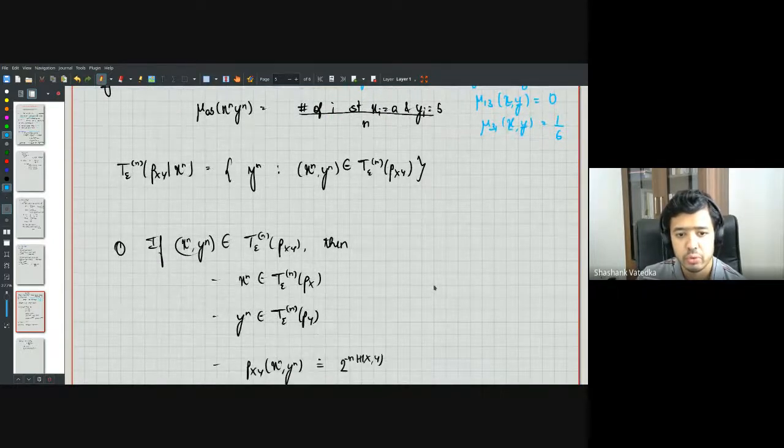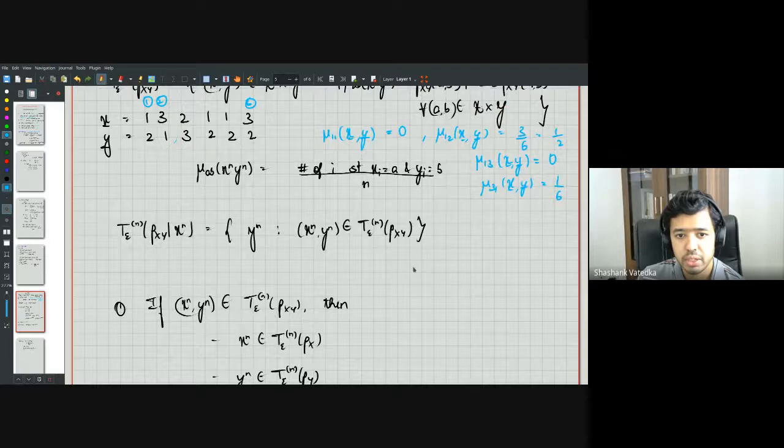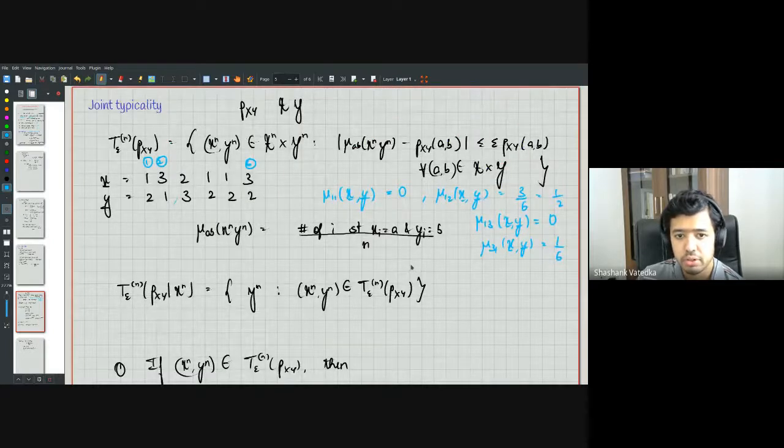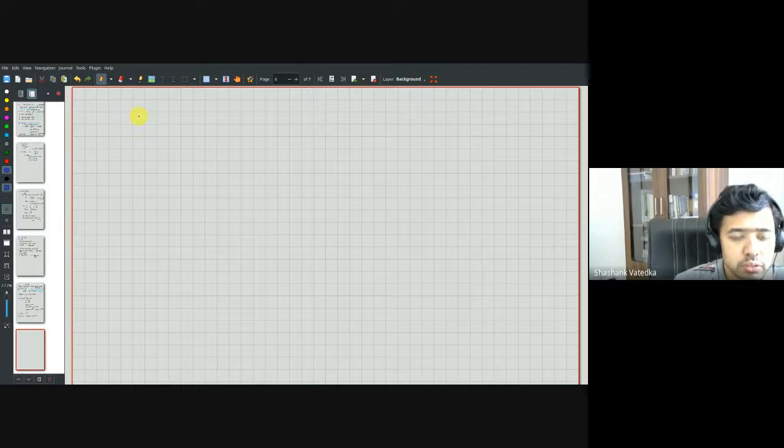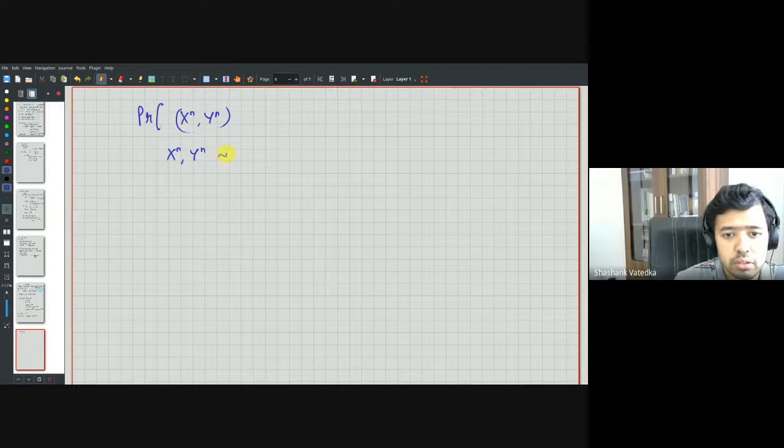Okay? And what we want to find is what is the probability that a pair of sequences drawn IID according to Pxy is not jointly typical. So what is the probability that x^n y^n, where x^n y^n is drawn IID according to Pxy.